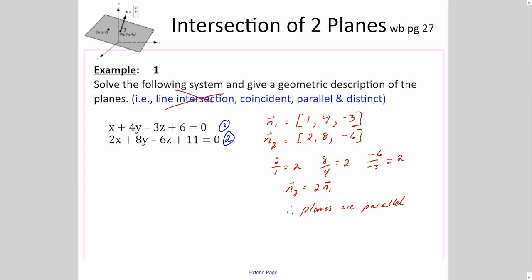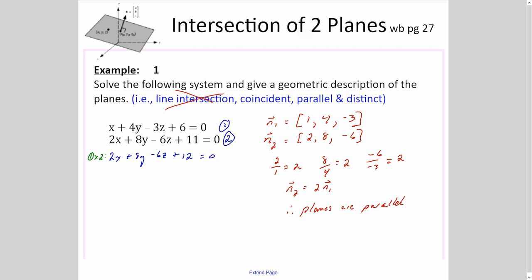So I'm going to take equation 1 and multiply it by 2, and what I'm going to end up with is 2x plus 8y subtract 6z plus 12 equals 0.